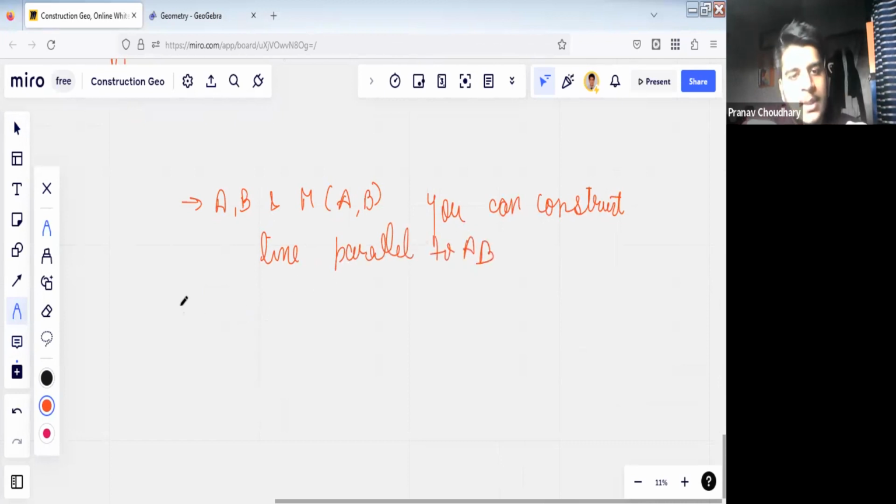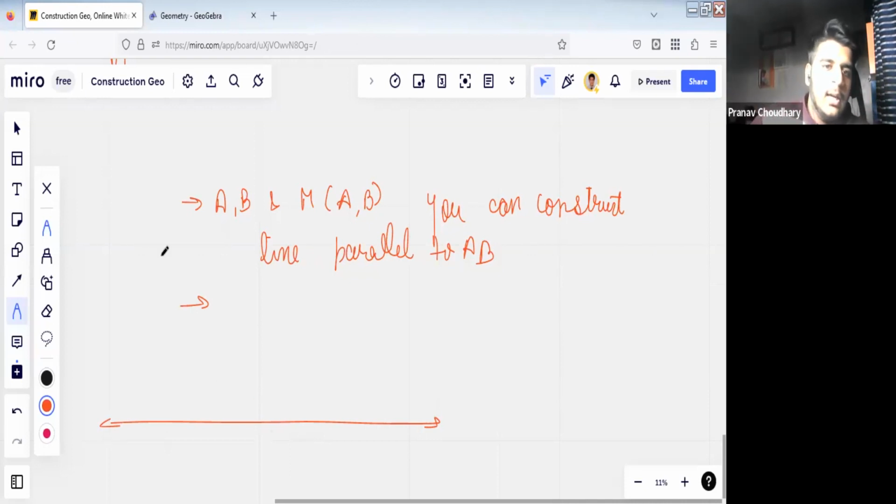The next natural thing which will come is, how do you mark midpoints? Suppose you are given a line and you want to construct a line parallel to this thing. You will be motivated to construct another line, right? I give you 2 points, A and B. But what do you need to construct a parallel line? You need the midpoint of AB, right? A and B can be any two random points. So how do you go about that? How do you get midpoints?